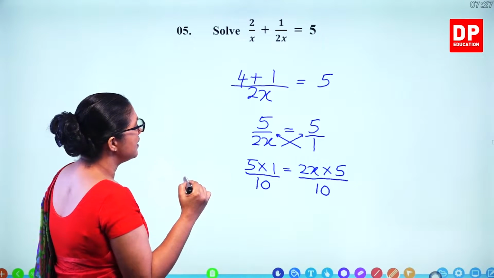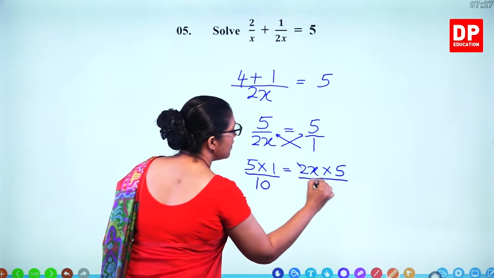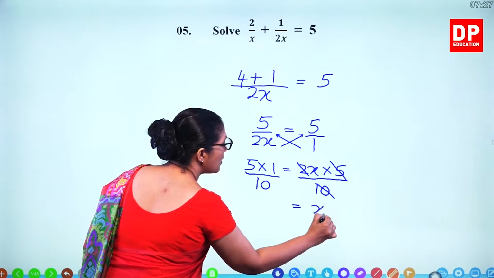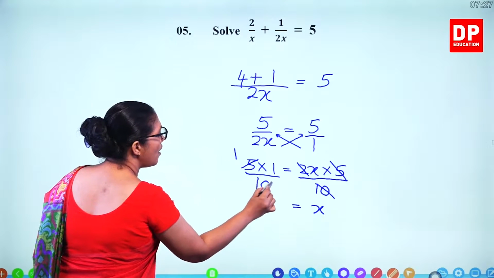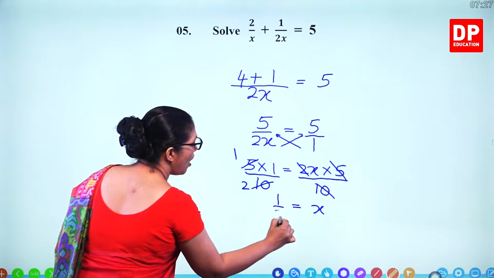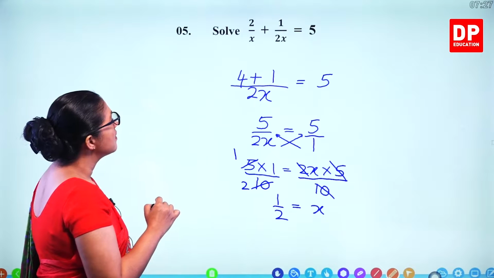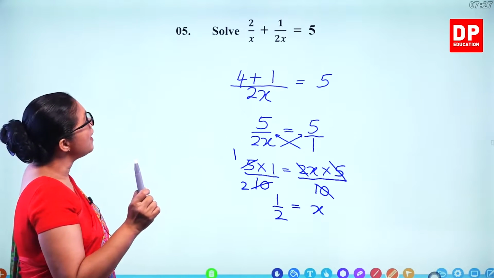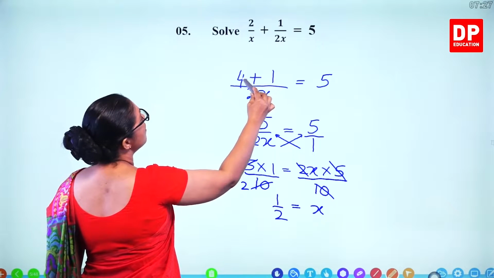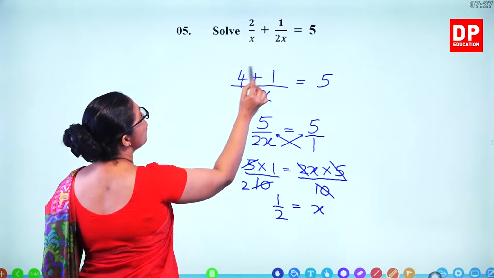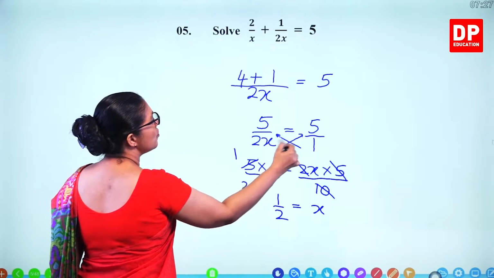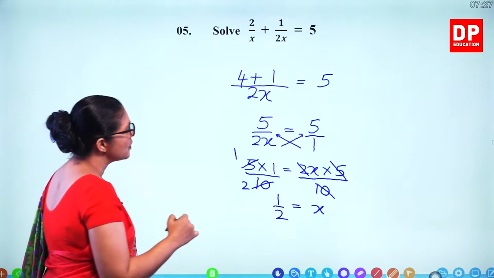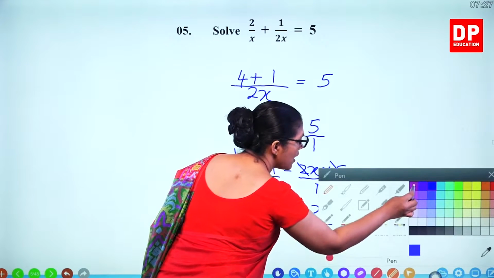So what happens here? 2 and 5, 10 get cancelled out. So you get x equals 5 over 10. 5 times 1, 5 times 2. Half is the answer. So again check, convert to the lowest common multiple and then what you get? Multiply by 2, 4 plus 1, 5. So you get x equals half. So 2 marks for that question as well.